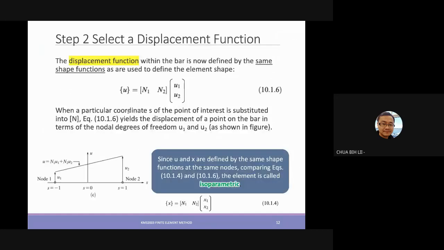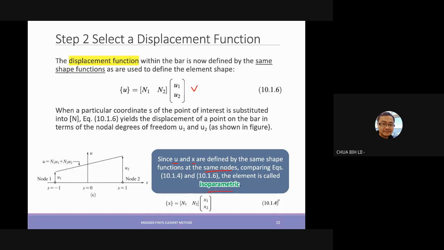Then once you have the shape functions, after you have selected the displacement functions as such, we can move on as usual. The displacement function is now defined with the same shape functions as the elements. Since u and x have the same shape functions at the same node, if we compare these two equations accordingly, we call this element isoparametric.